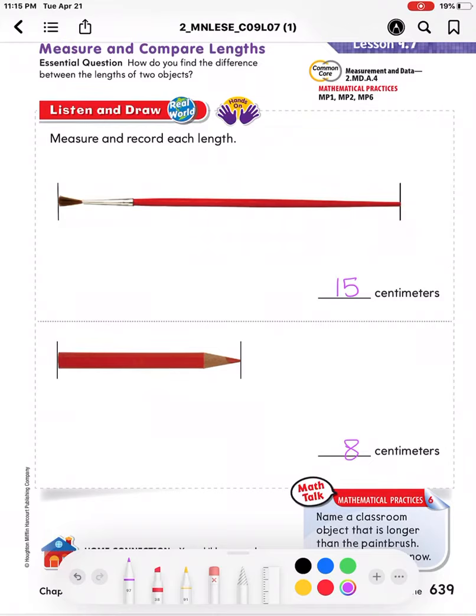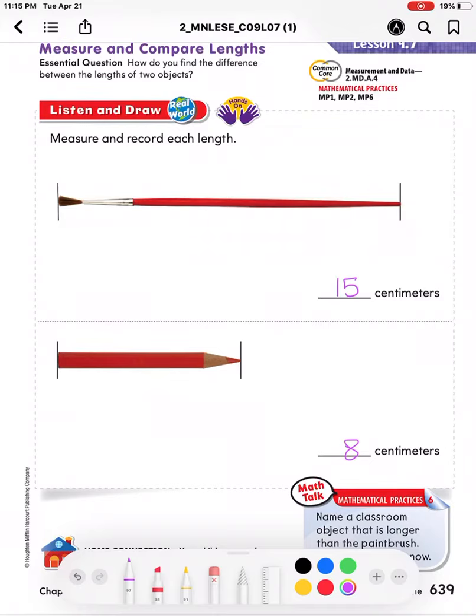Now let's move to the next page. Page 640. Okay. In this page, the model and draw here, it says how much longer is the pencil than the crayon. And here we are comparing.